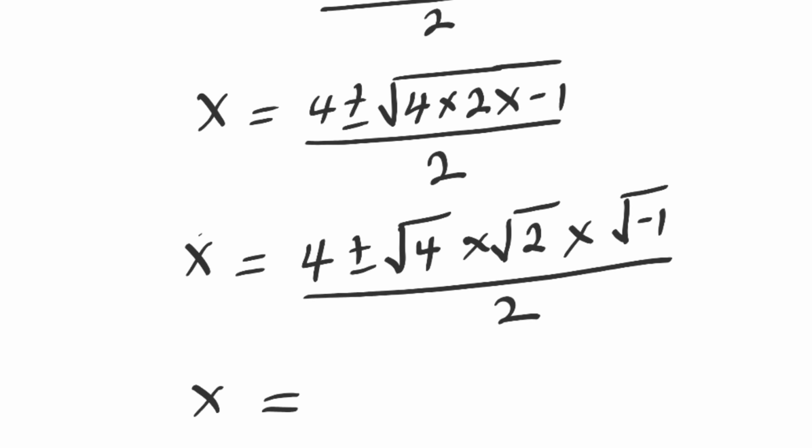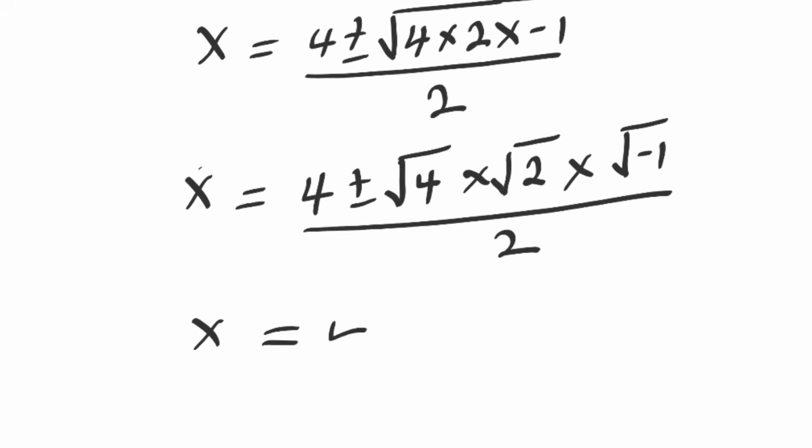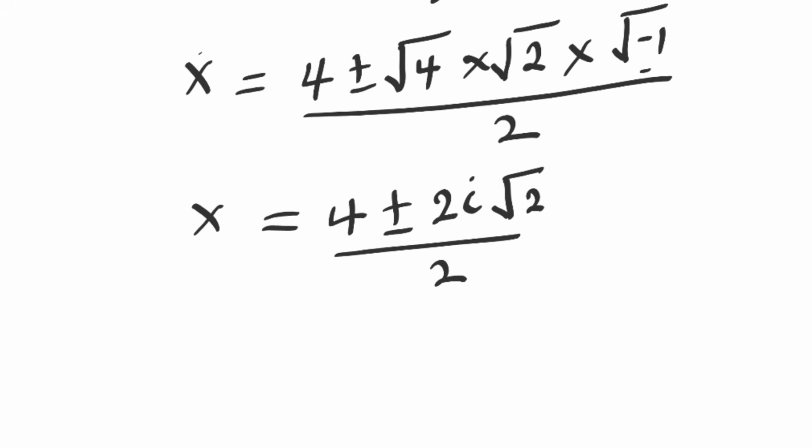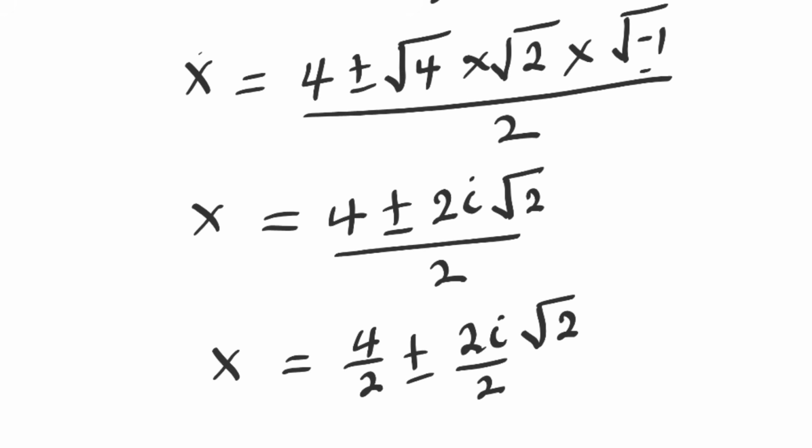Square root of 4 is 2, square root of minus 1 is i, then root 2 over 2. x is equal to 4 over 2 plus or minus 2i root 2 over 2.